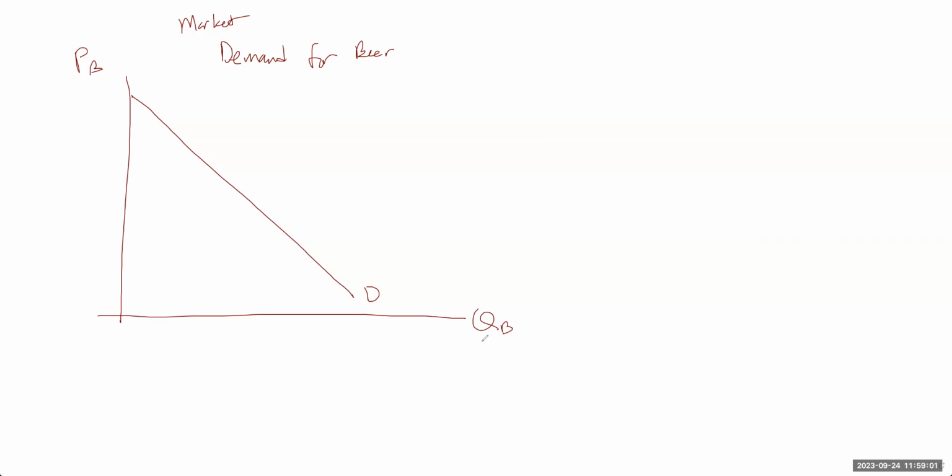All of that is fixed. And then we draw this demand curve that shows the relationship of the unit price of beers and the quantity of beers. So when one of these things outside of price and quantity changes, that can make the demand curve shift.